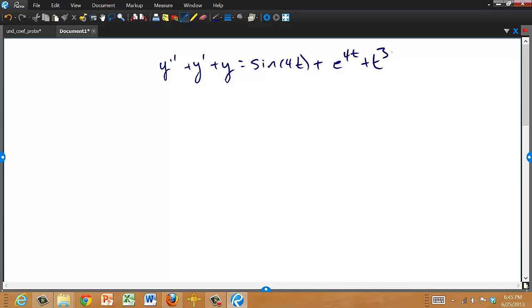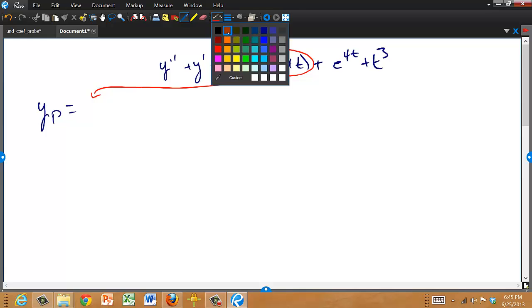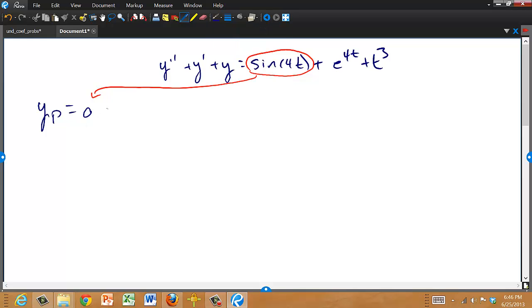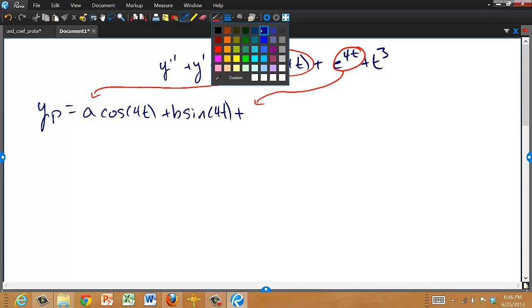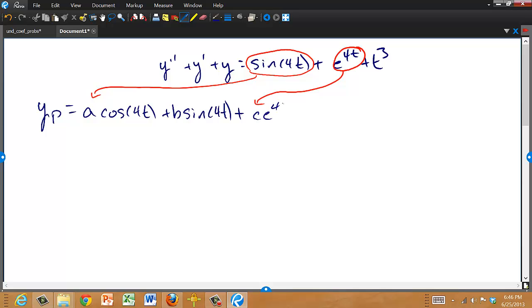Alright, once again we'll take a guess at what our solution looks like. We'll guess that yp is equal to, and now we have sort of distinct terms on the right hand side. So corresponding to the sine 4t term, we'll guess that yp has terms a cosine 4t plus b sine 4t, plus, corresponding to the e to the 4t term, we'll guess that there is a c e to the 4t in our solution.